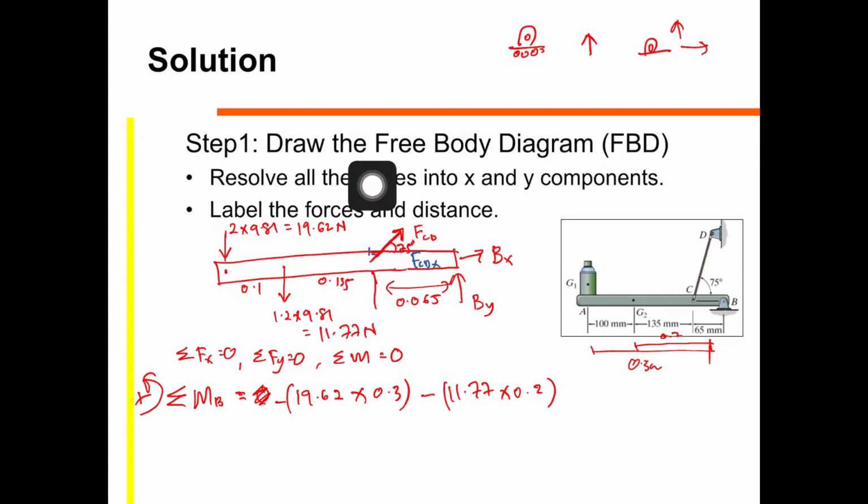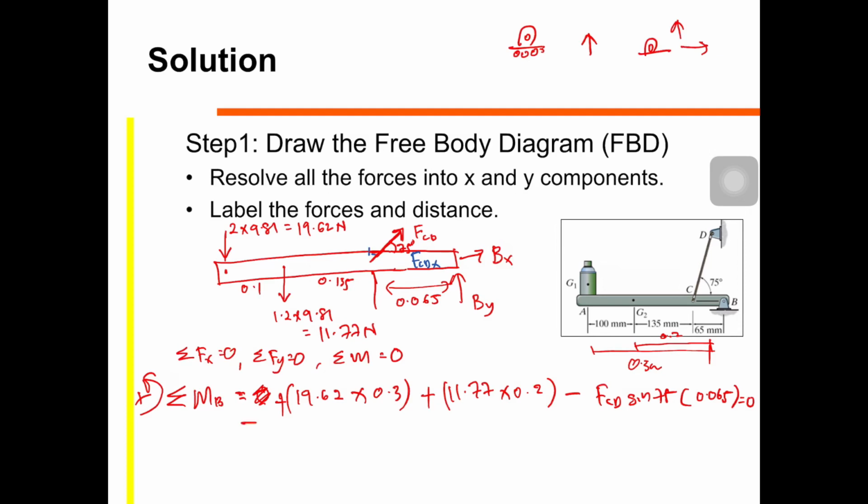And then for this force FCD, oh sorry, this one turns counterclockwise, right? So counterclockwise is positive. So we have plus FCD sine 75 times 0.065 equals to 0. That's all.